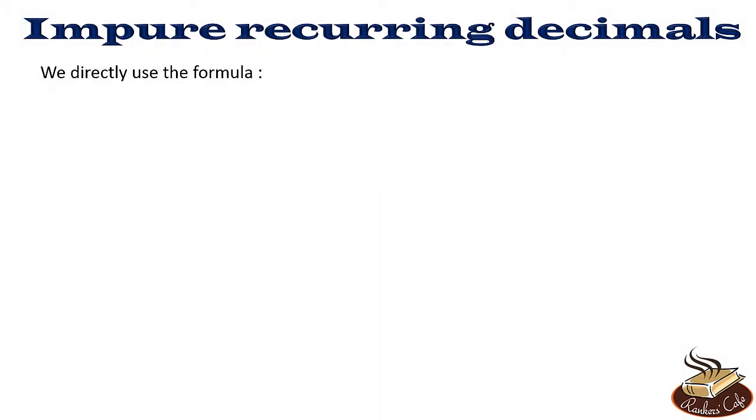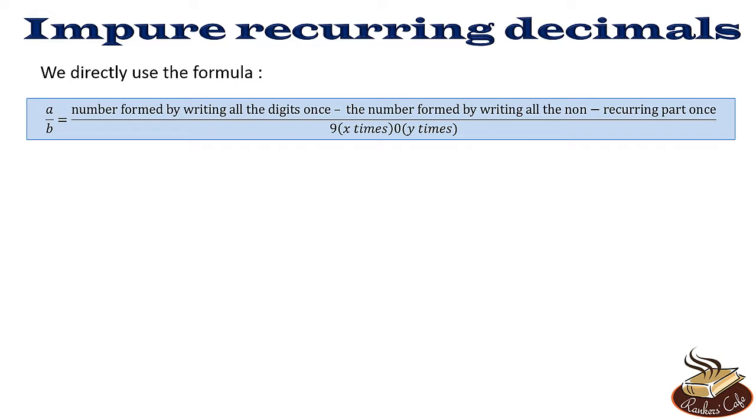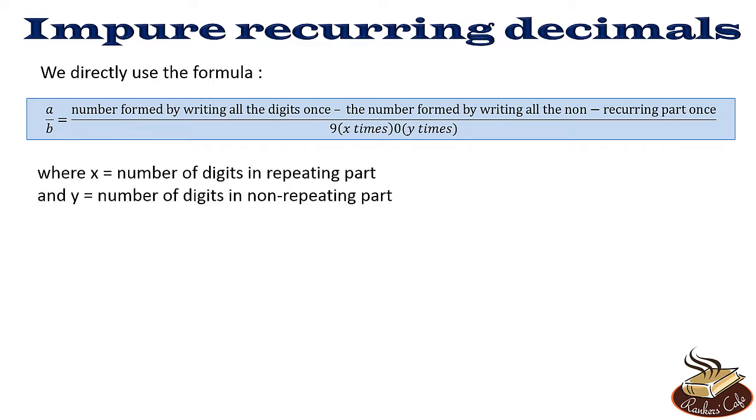To summarize, to convert impure decimals into fractions, we use the formula fraction is equal to number formed by writing all the digits once minus the number formed by writing all the non-recurring part once divided by 9 x times 0 y times, where x is equal to the number of recurring digits and y is equal to the number of non-recurring digits.